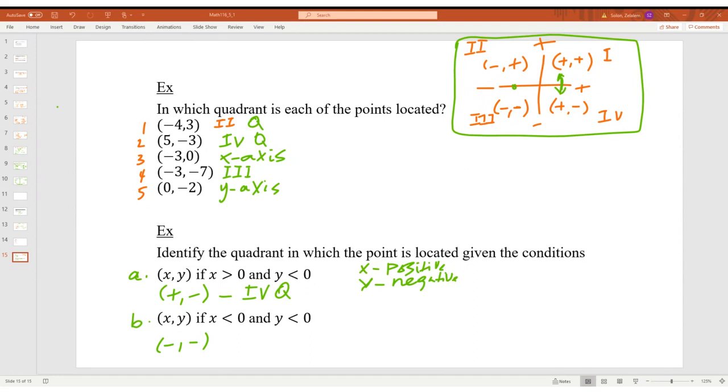Excellent, Norma. Excellent, Jasmine. So that is the third quadrant. I think Abby is also writing. Excellent, guys. So this is the third quadrant.